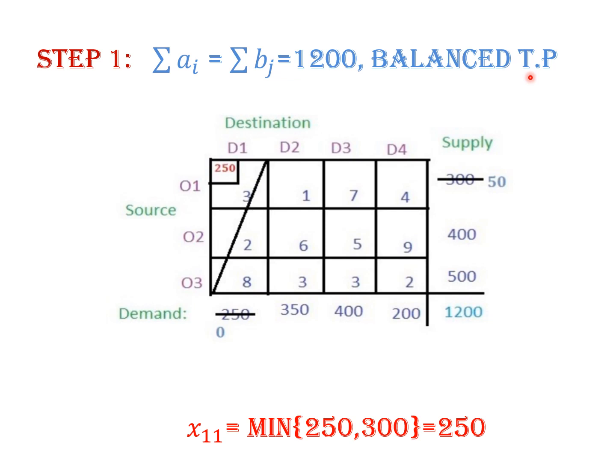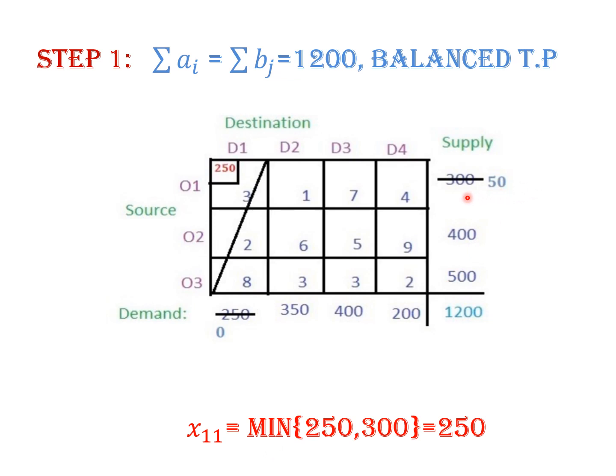First, we choose the northwest corner cell, because this is the northwest corner method. So, we find the initial basic feasible solution. First, for cell x11, x11 is equal to the minimum of a1, b1.